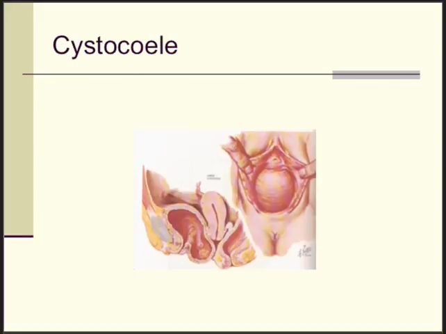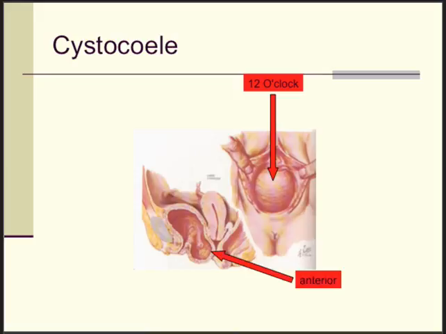Okay, this is a diagram of what we could see in case of a cystocele or an anterior vaginal wall prolapse. From the 12 o'clock position, dorsal lithotomy, we can see a bulge appearing, which is of course not very clear in a standstill picture. In a cross section, this is what it is.